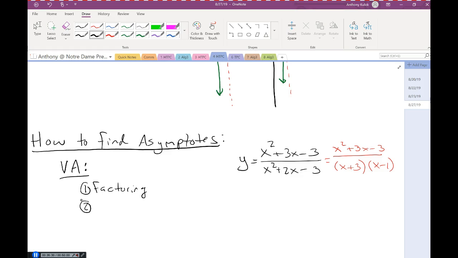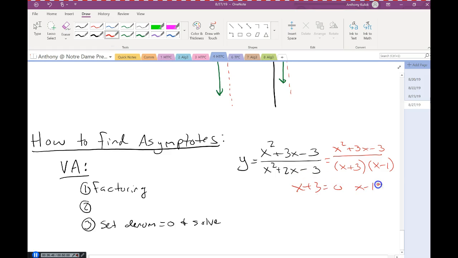Okay, so James is saying set the denominator equal to 0 and solve. I agree with that in this case, although there should be a second step that we need to be a little bit cautious of, that didn't have to happen for this particular problem, but you would need to be careful about in general.